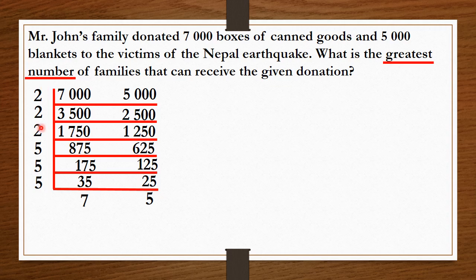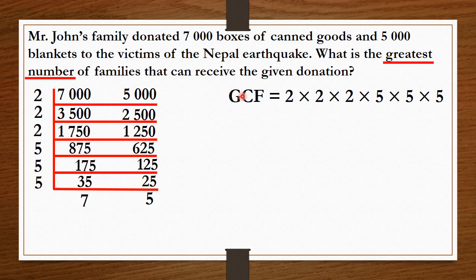To solve for the greatest common factor, let us multiply the factors here in the left. So, GCF is equal to 2 times 2 times 2 times 5 times 5 times 5.